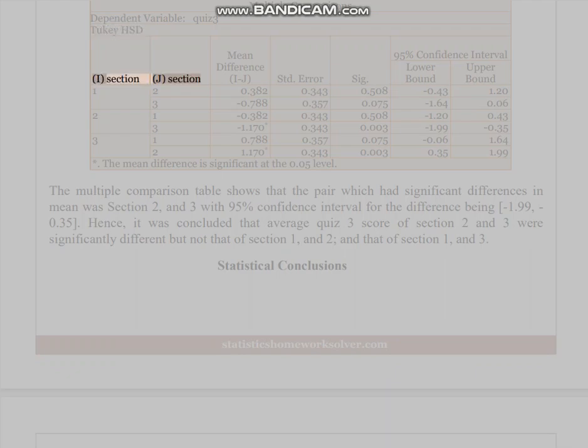Multiple Comparisons. Dependent Variable: Quiz 3, Tukey HSD. I Section, J Section, Mean Difference (I-J), Std. Error, Sig., 95% Confidence Interval lower bound, upper bound.